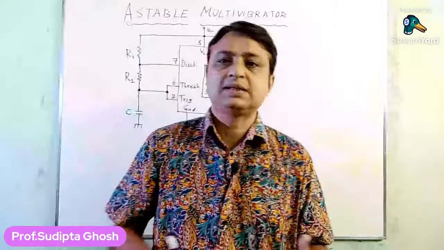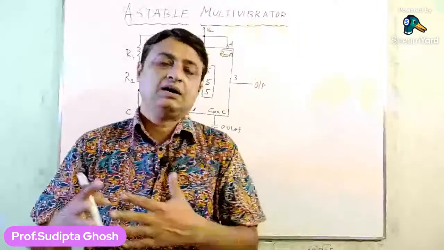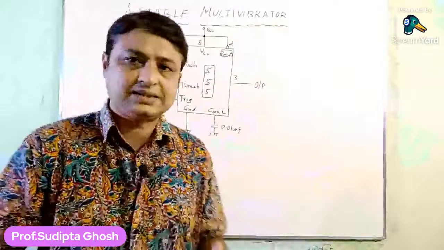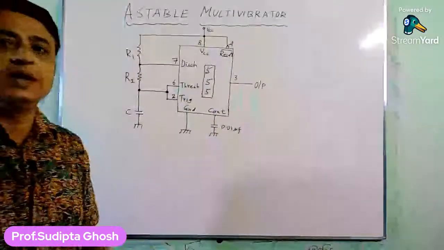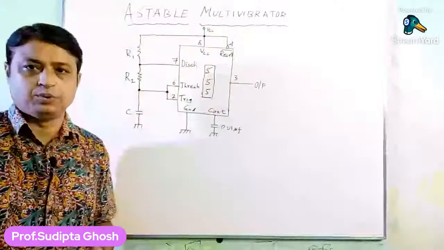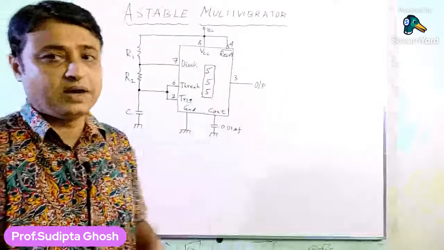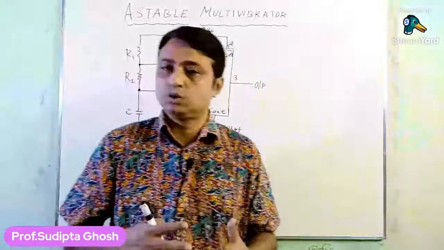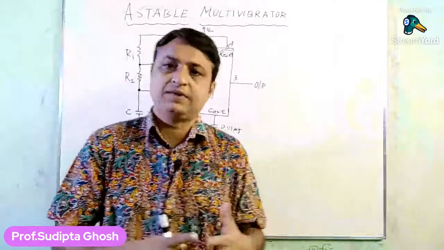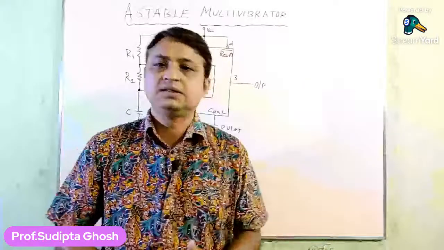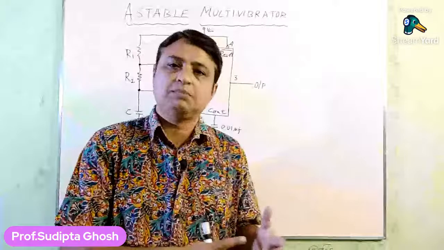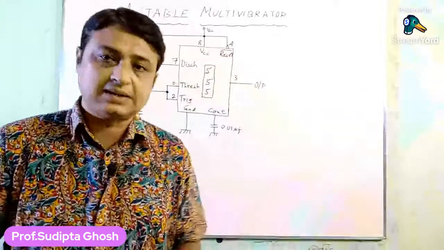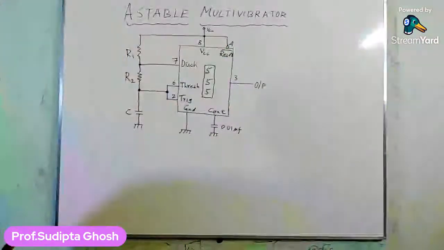As per the circuit construction, we require no trigger input for an astable multivibrator to operate. That's the main difference between a monostable and an astable multivibrator. There are also other differences.